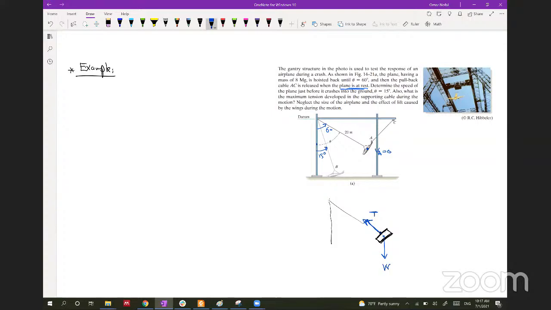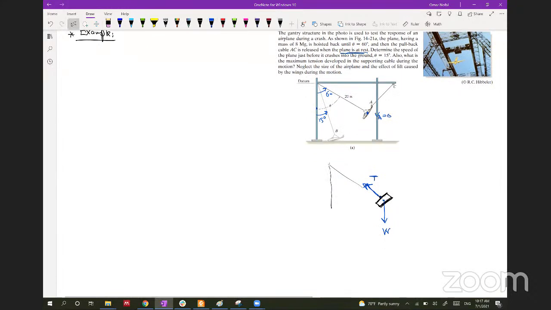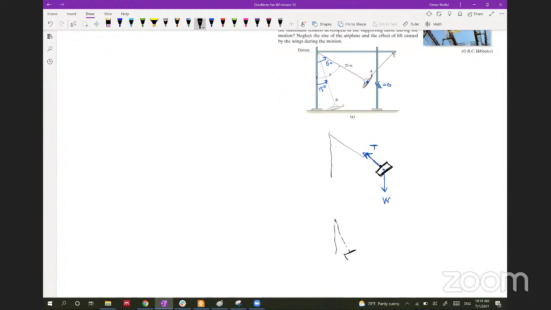And if we want to know some angles at B, let's be realistic here, and this is a small angle like this, and here's our body, and here's the tension, and here's the weight, and this angle should be equal to this angle, which is 15 degree.